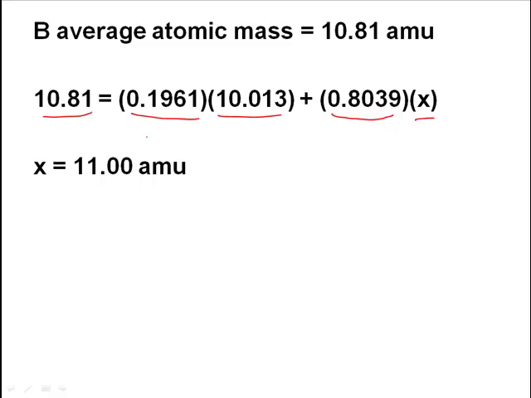We got this off the periodic table here. And this was the percentage converted to a decimal. And this one is the given AMU of boron 10. So this one would be known as boron 11.